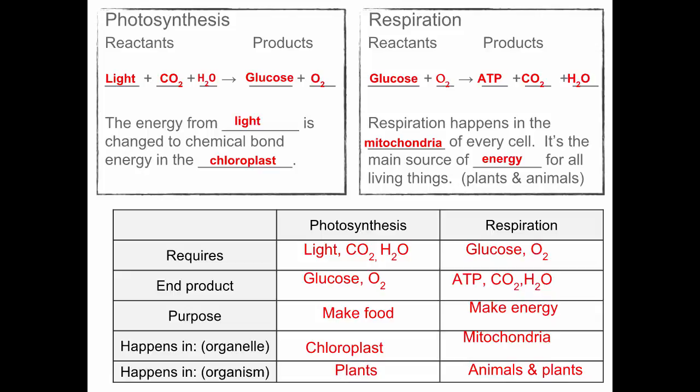What do they make in photosynthesis? Glucose. Then they need to take that glucose, run it through cellular respiration to actually get the ATP. So even though they make food for themselves in the form of glucose, they need to then transform that energy into ATP, which their cells can actually run. So plants go through both.